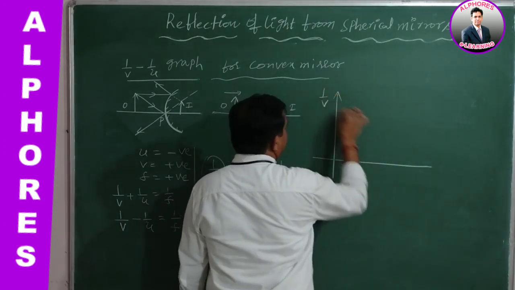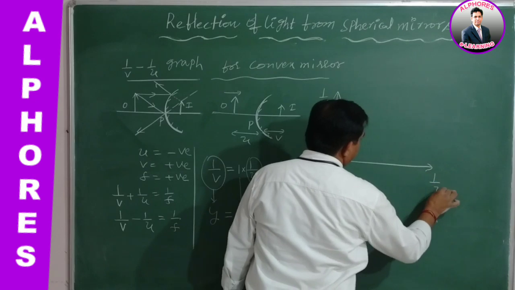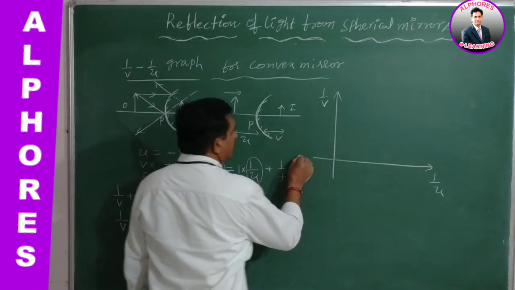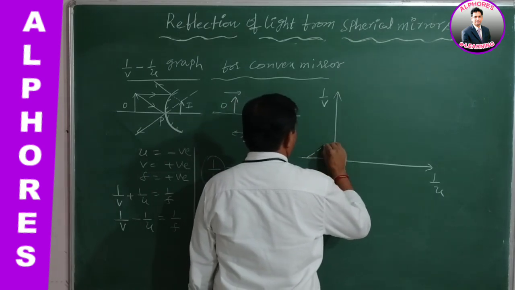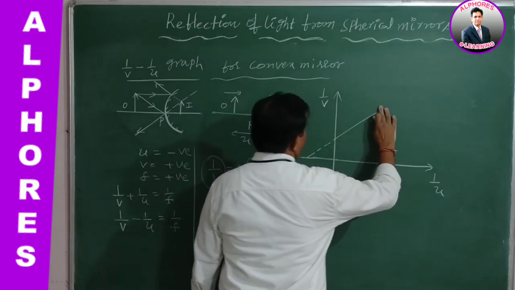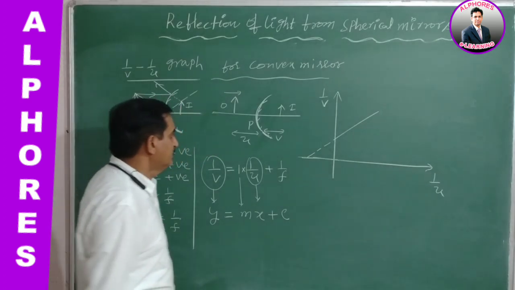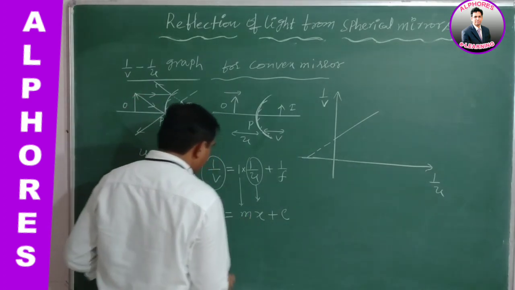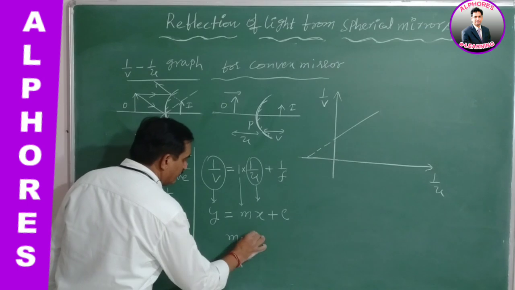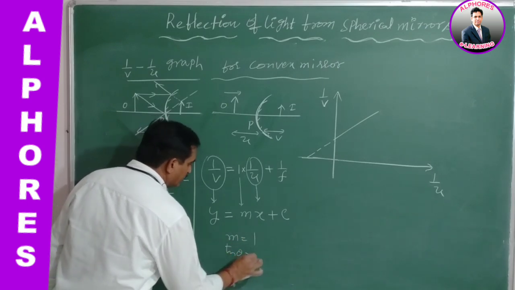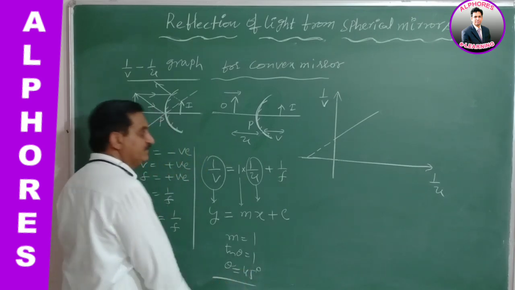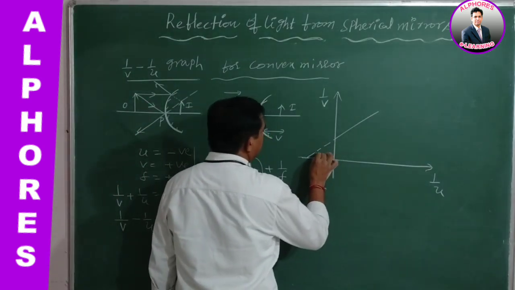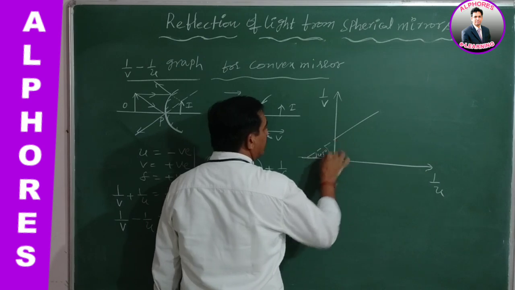Therefore the relevant graph is given like this. This is 1/v and this is 1/u. So the slope is positive. How much slope? Slope m is equal to 1, tan theta is equal to 1, theta equals 45 degrees.